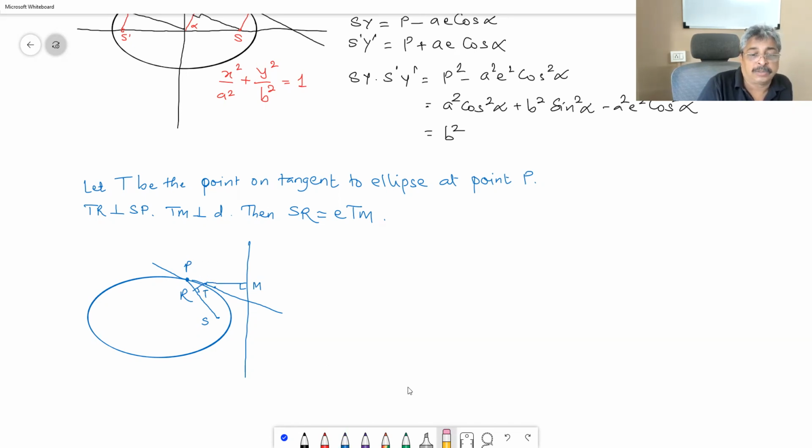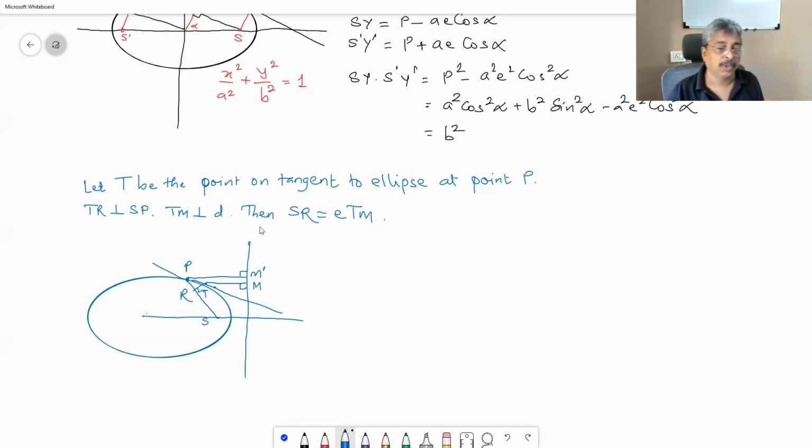Then SR is equal to e times TM. Of course, this is our x-axis. This is your foot of perpendicular from P onto the directrix. Let us call that M dash. Okay, this is the setup. For any point T, this is going to be true. Prove that.